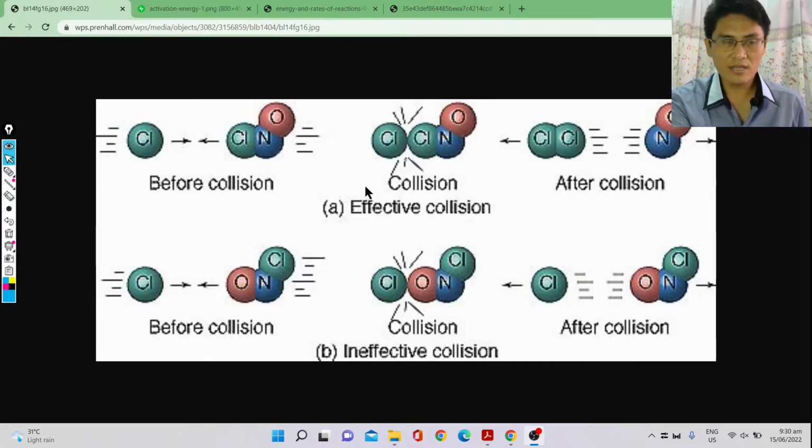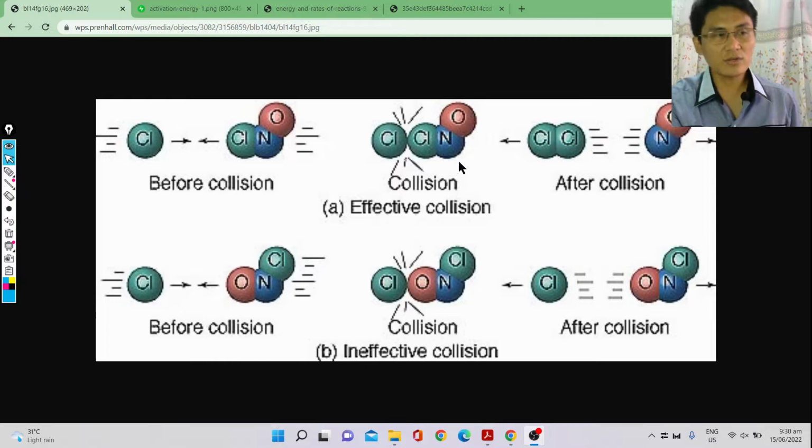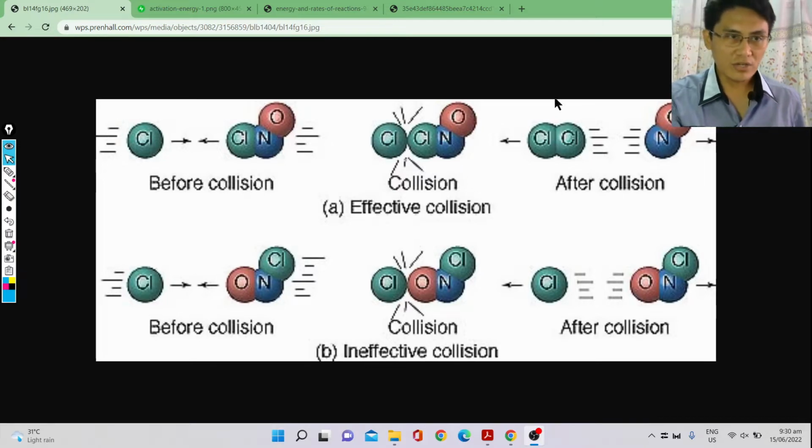And therefore here you can see simultaneously the breaking of the bond between Cl and N, as well as the forming of new bonds between Cl and Cl. So now you have an effective collision. Because of that collision, you created a new product. Sometimes a collision could be ineffective.